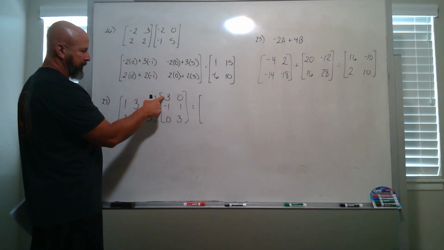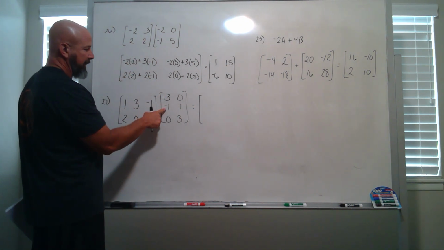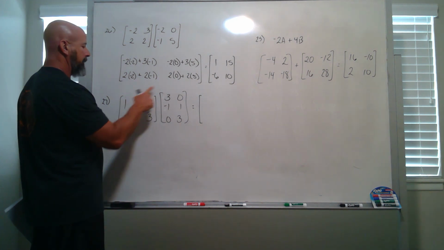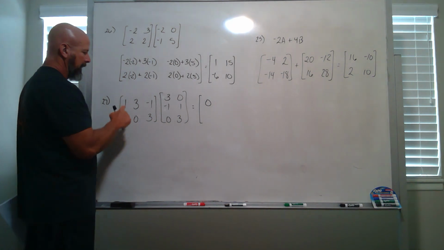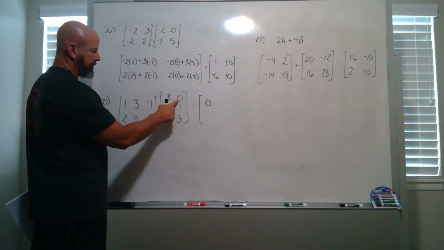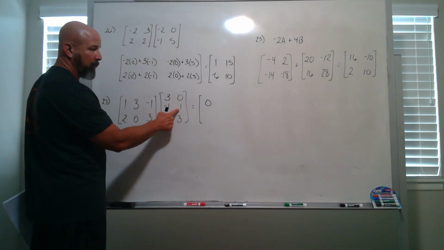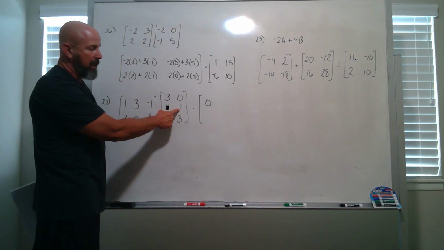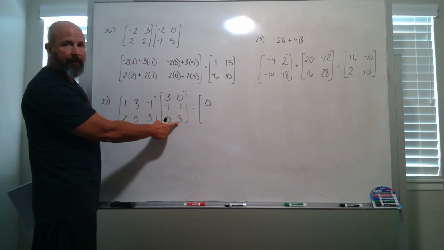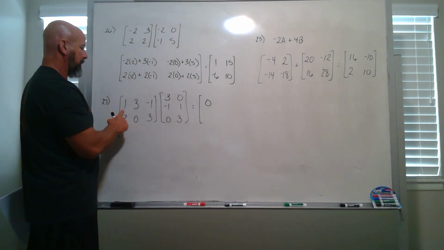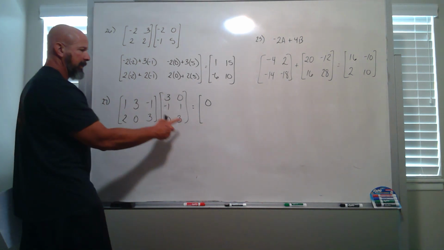So 1 times 3 is 3. 3 and negative 1 is negative 3. So 3 minus 3 is 0, and 0 is 0. Then I've got 1 times 0. That's 0. 3 times 1 is 3. And then negative 1 times 3 is negative 3. So that's 0, 3, and negative 3 is 0.